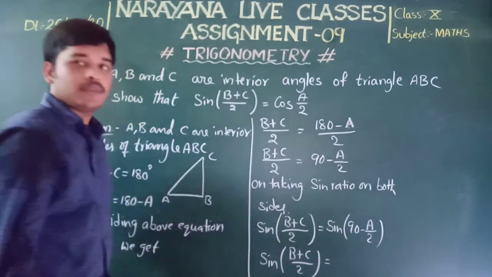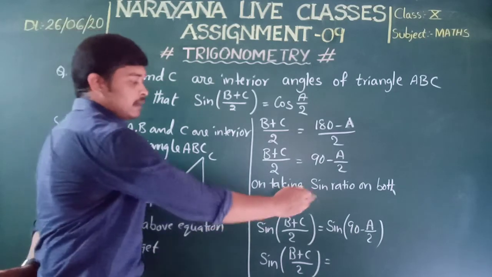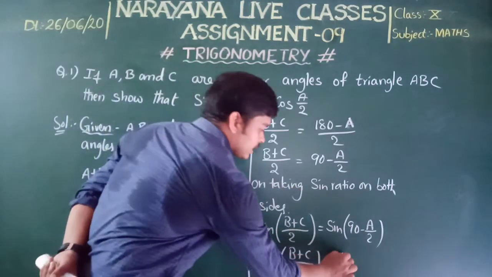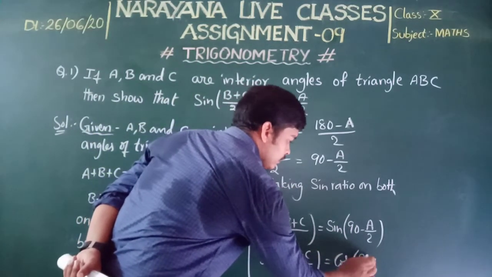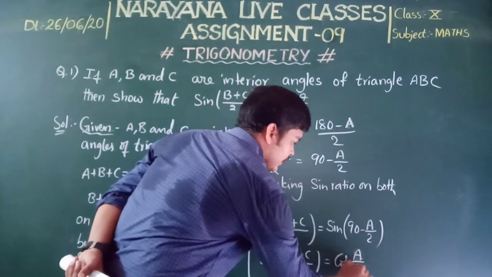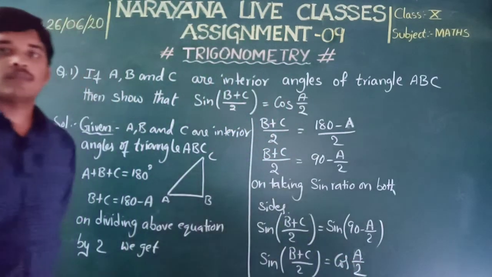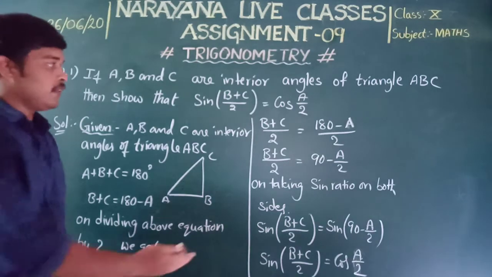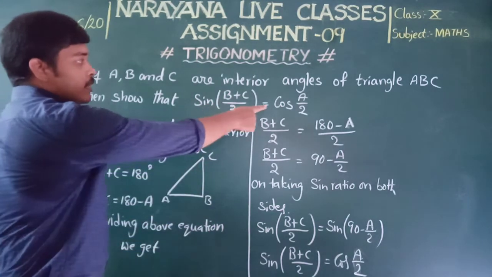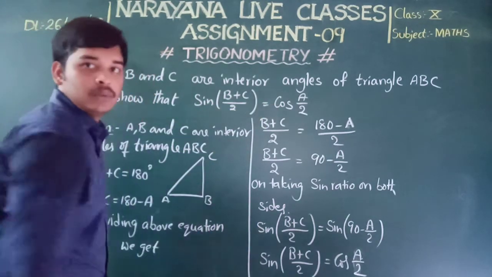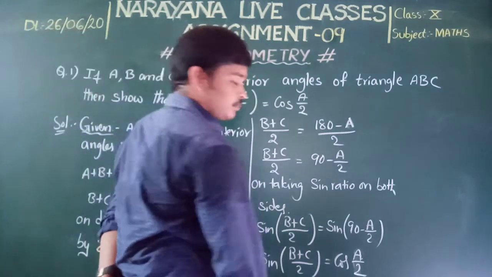We know the ratio of complementary angles: sin (90 minus theta) is equal to cos theta, so this is cos A by 2. Now we have proved sin (B plus C) by 2 is equal to cos A by 2. Hence proved.